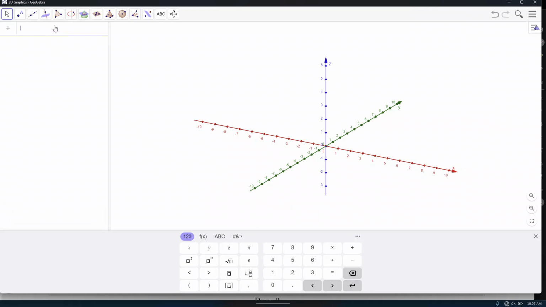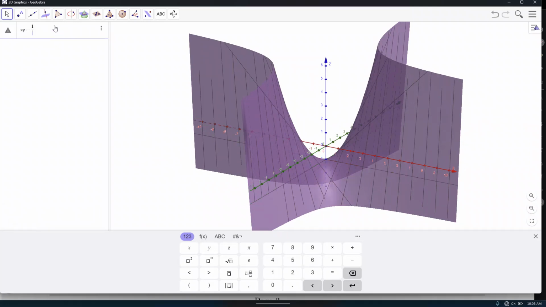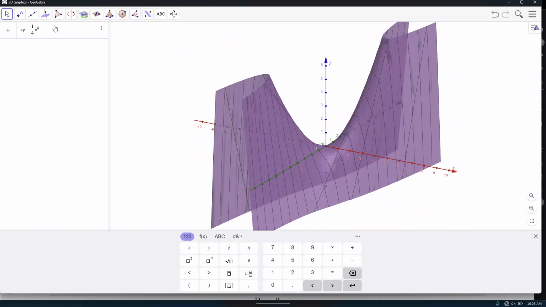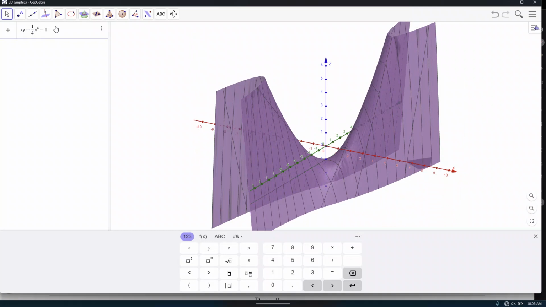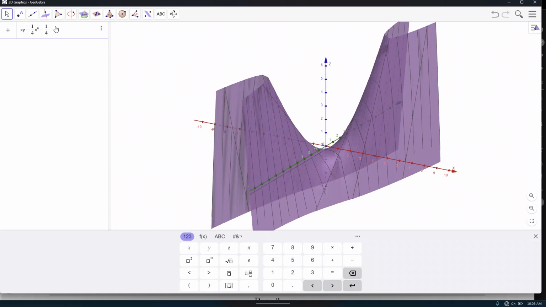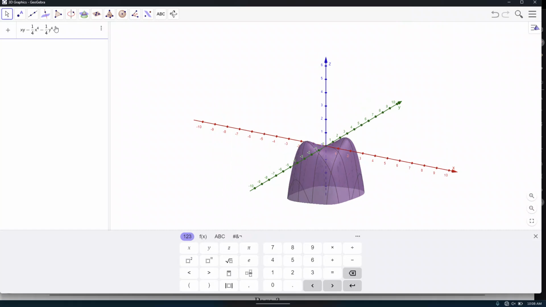Let me type the function: xy minus 1/4 x to the 4th power minus 1/4 y to the 4th power. I forgot the y to the 4th power, there we go, and I think that's about it.